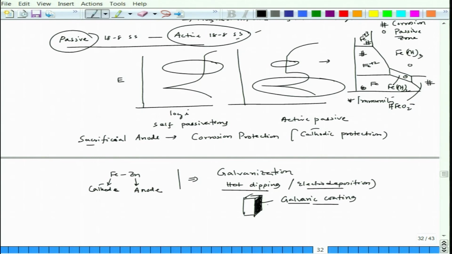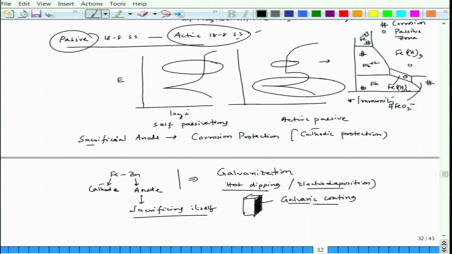Now this galvanic coating would give protection to iron by self consuming or self sacrificing. What happens? The zinc corrodes, and because of that corrosion of zinc, iron or steel is protected. That is what is called sacrificial anode. So, the zinc is anode, but it is also sacrificing itself.